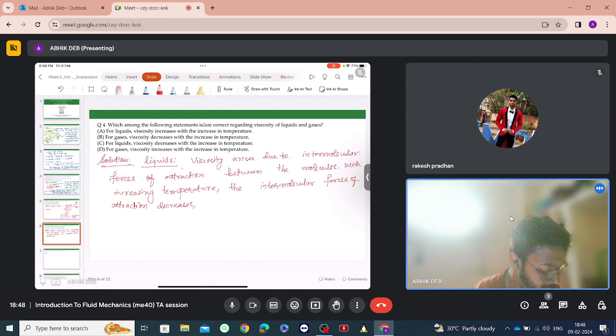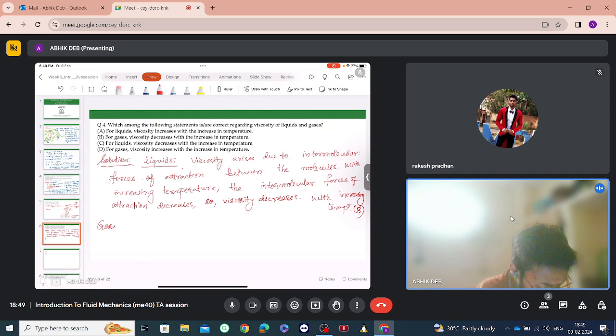So viscosity decreases with increasing temperature. So it is option number B.